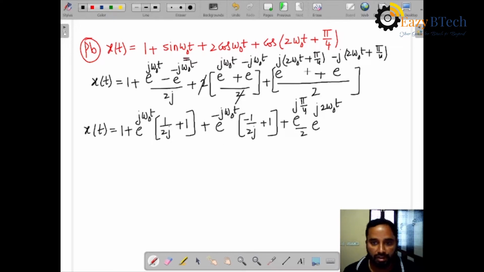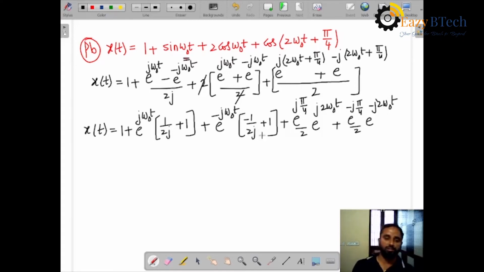Again plus e to the power minus j pi by 4 by 2 and e power minus 2j omega naught t. Right? So we have written separately j omega naught, minus j omega naught, 2j omega naught, minus 2j omega naught.